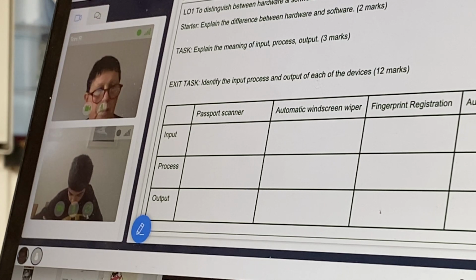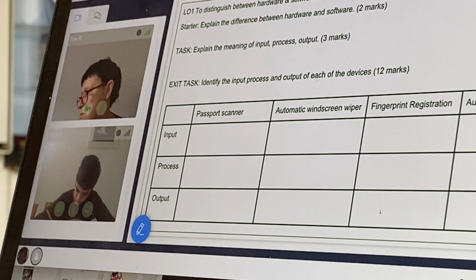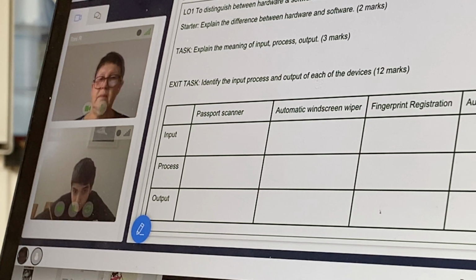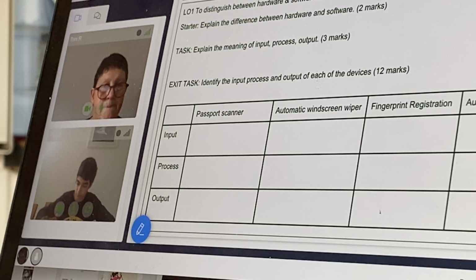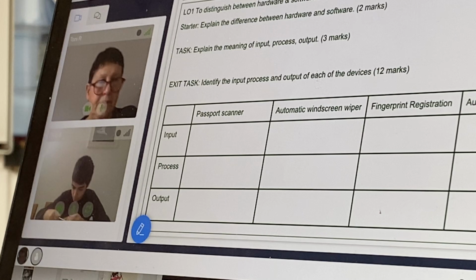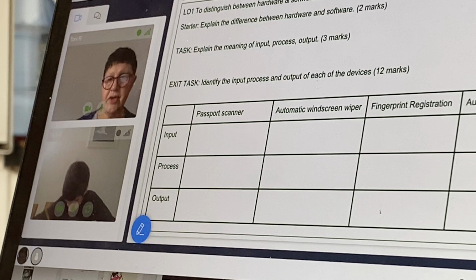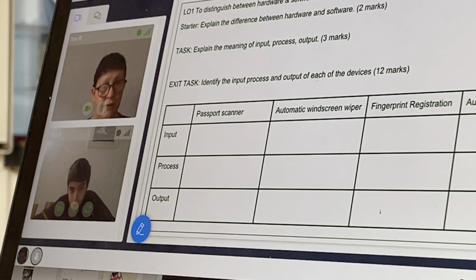Then we've got automatic windscreen wiper. Then we've got fingerprint registration. And then we've got automatic smoke detector. So let's try and keep these really brief so that we can fit them in the boxes.